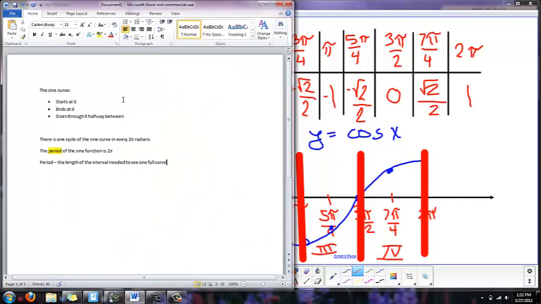Okay, so let's come over here and take some notes on the cosine curve. Why do I keep doing that? Okay, cosine curve. Starts at its max, so that's a 1, so it starts at 1. Ends at its max.